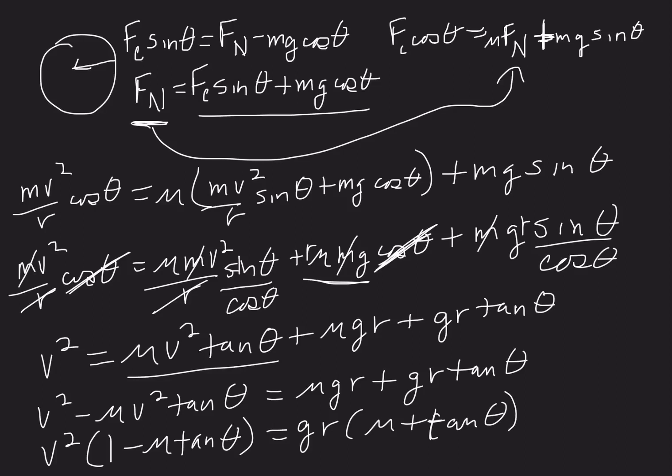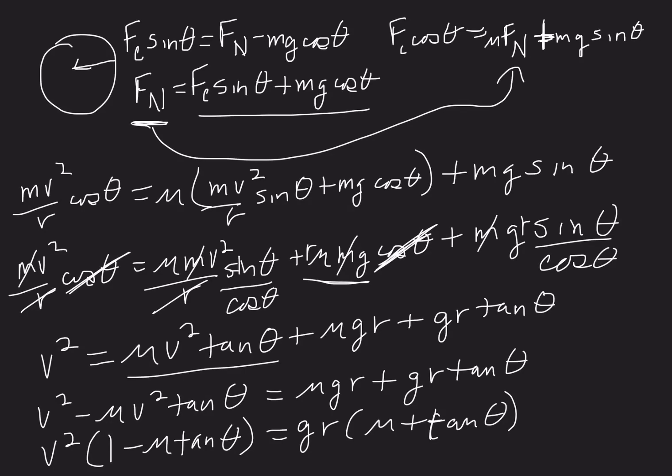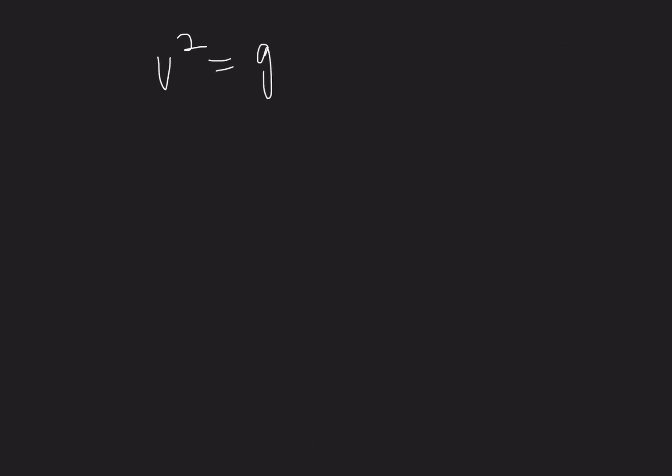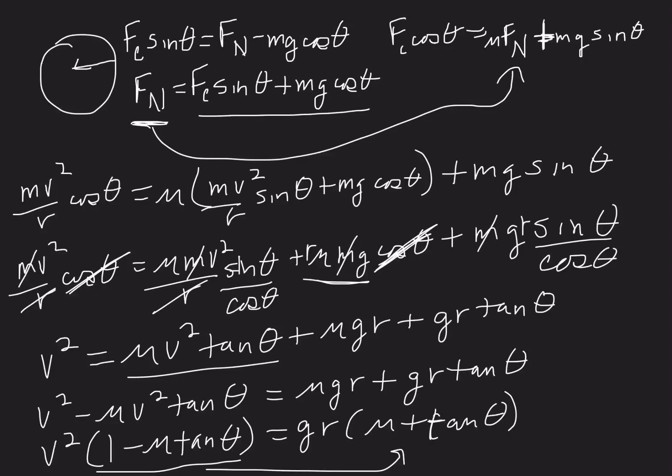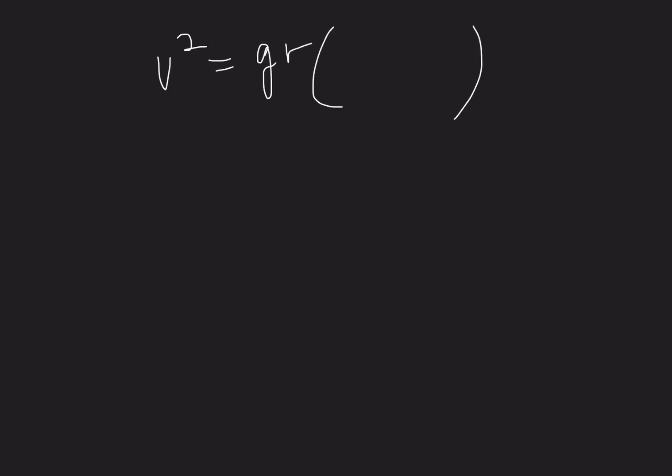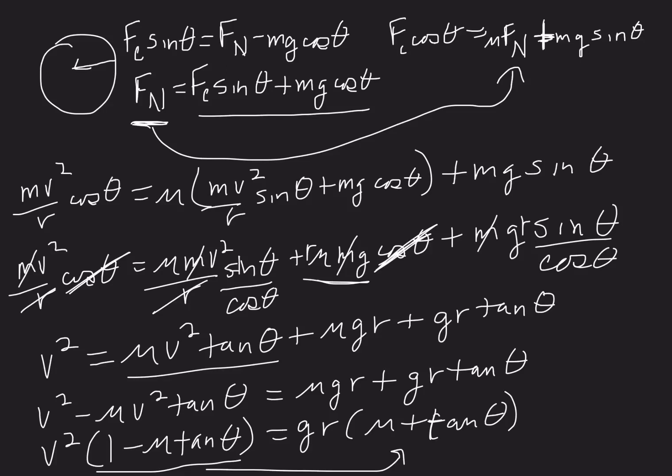Okay? So, I was afraid I was going to run out of this. So what do I have? I have v squared. So if I go to the next page, I'm going to do v squared equals, and I'm going to divide this thing underneath over here. So v squared equals gr times, and on the top over here, I'm going to have mu plus tangent of theta over what I have on the other side, 1 minus mu tangent theta.